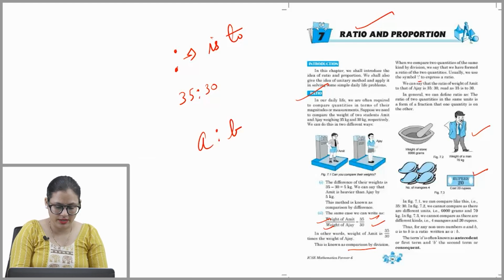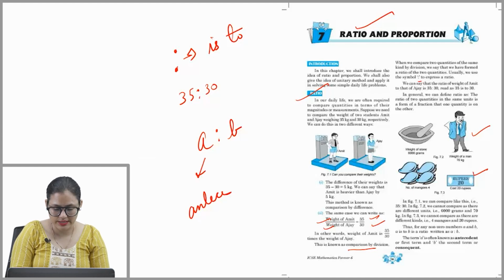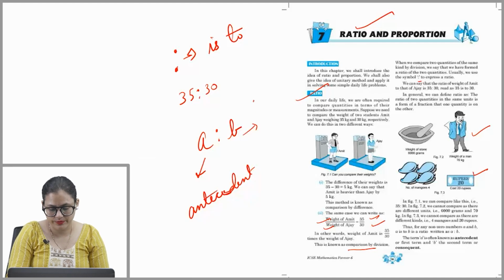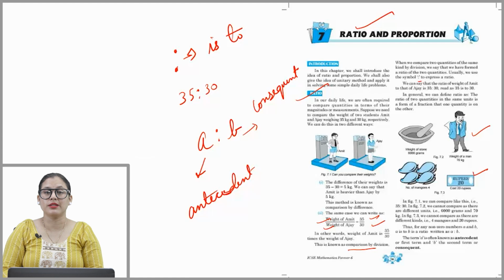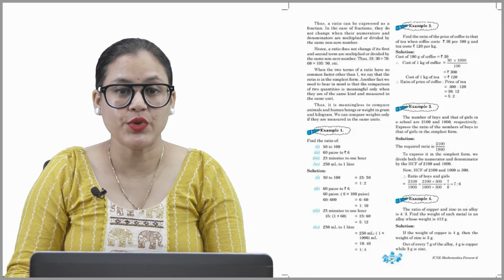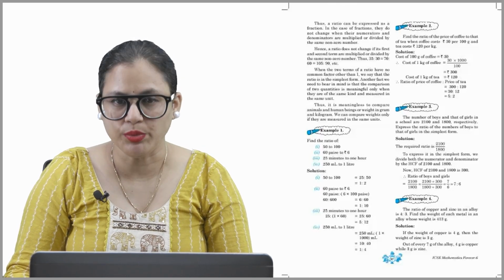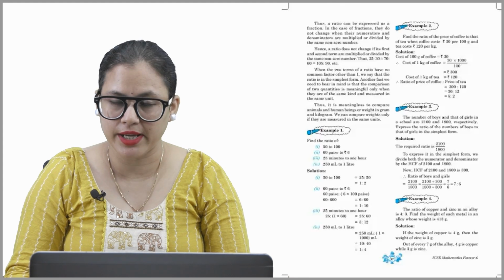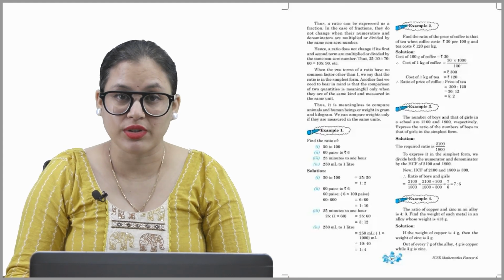The term A is known as the antecedent, and this term is the consequent, which you already know because you have studied the same in the previous class also, right? Thus, a ratio can be expressed as a fraction. In the case of fractions, they do not change when their numerators and denominators are multiplied or divided by the same non-zero number.